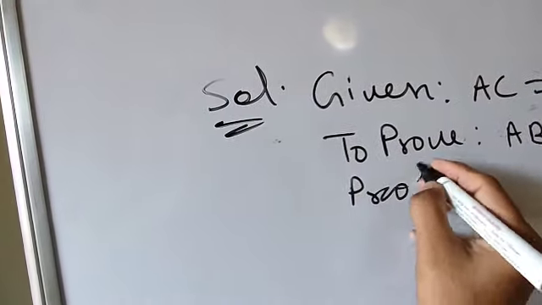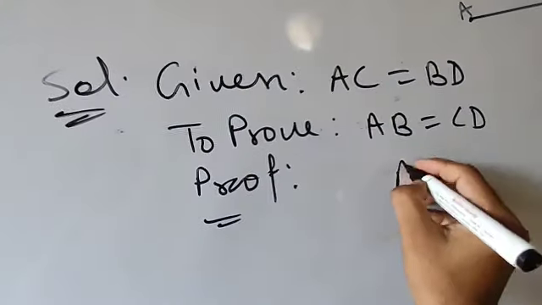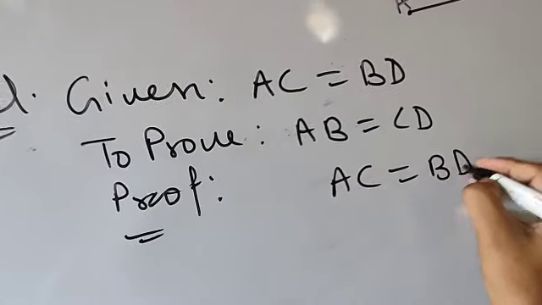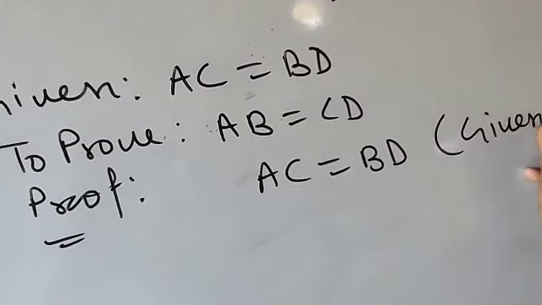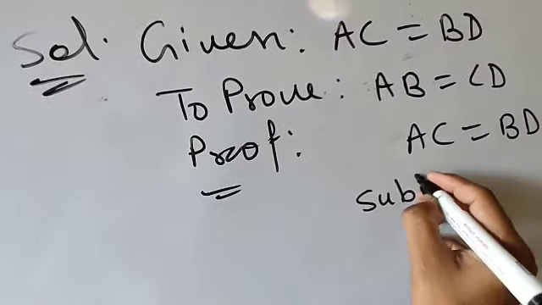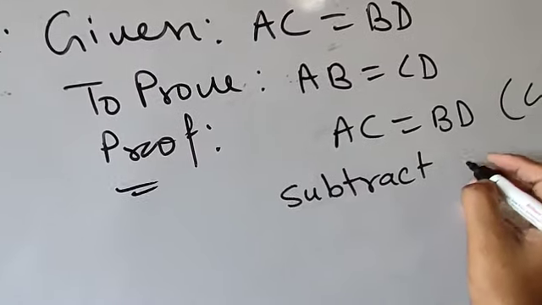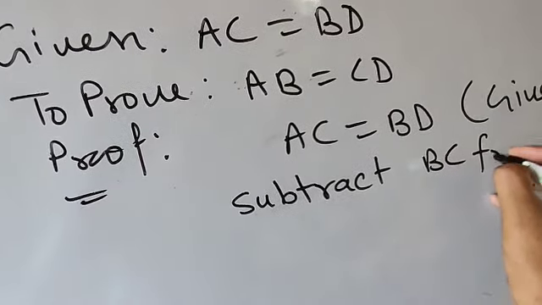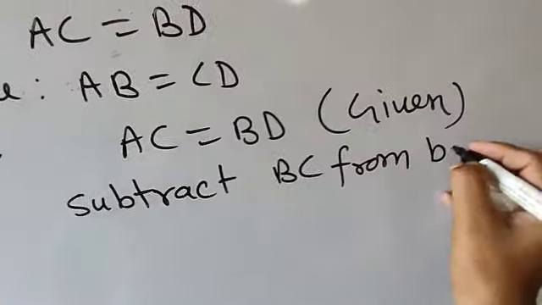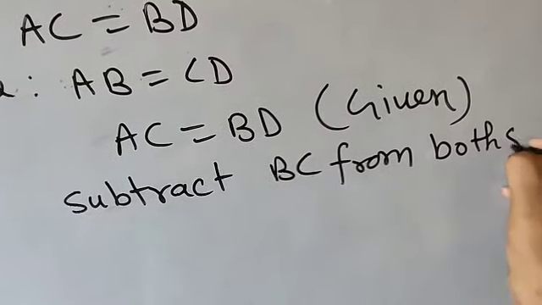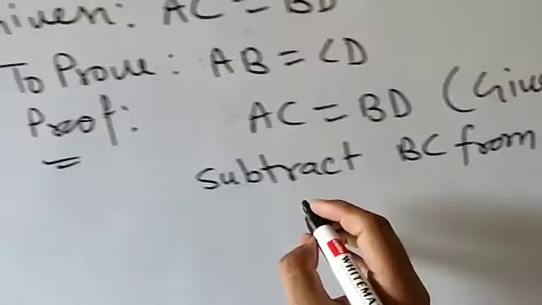Now I am going to give the proof of this. So it is given that AC equal to BD. That is given in the question. Now write, subtract BC from both sides.